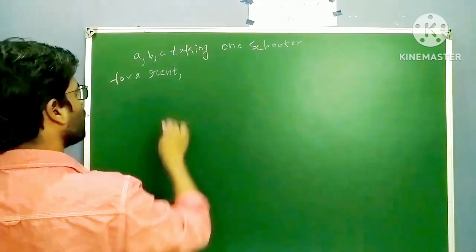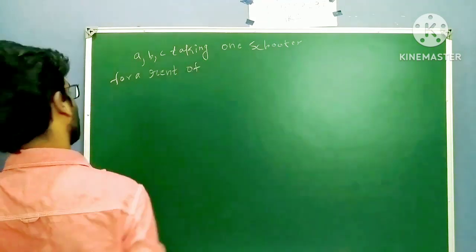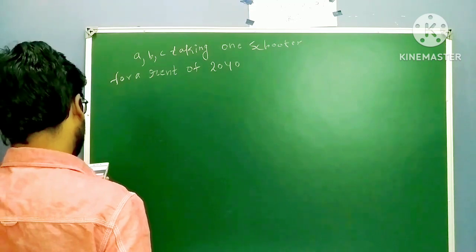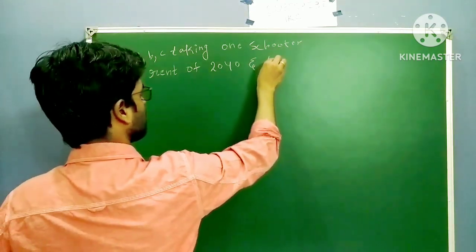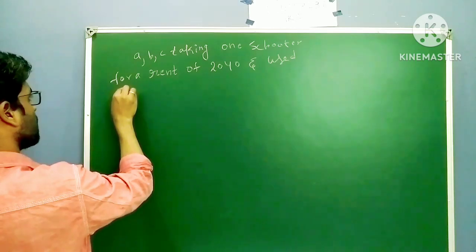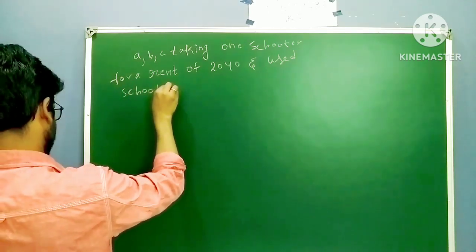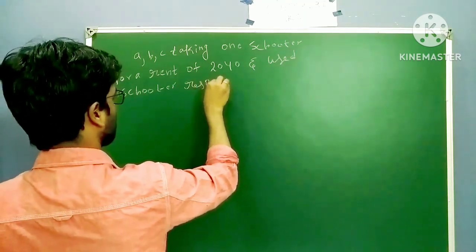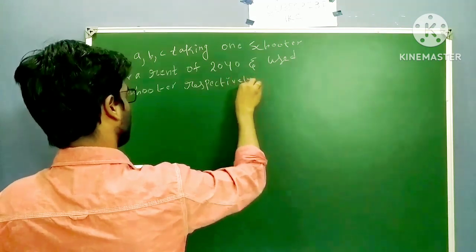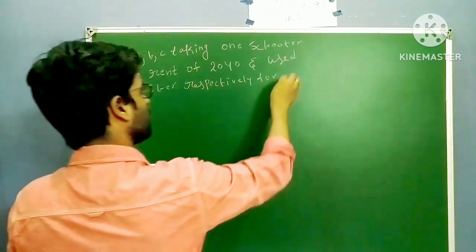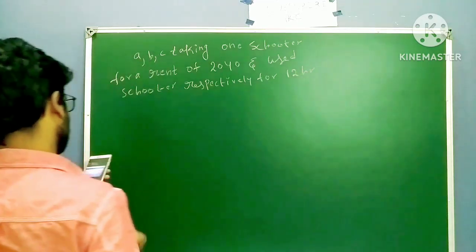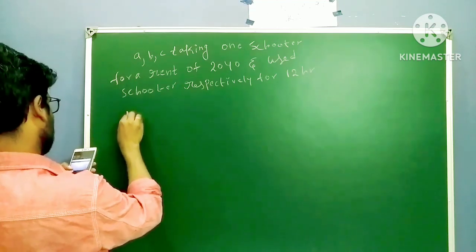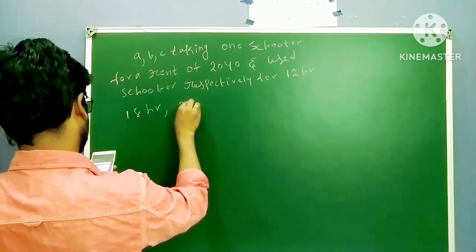For a rent of 2040 rupees, they used the scooter respectively for 12 hours, 18 hours and 20 hours.